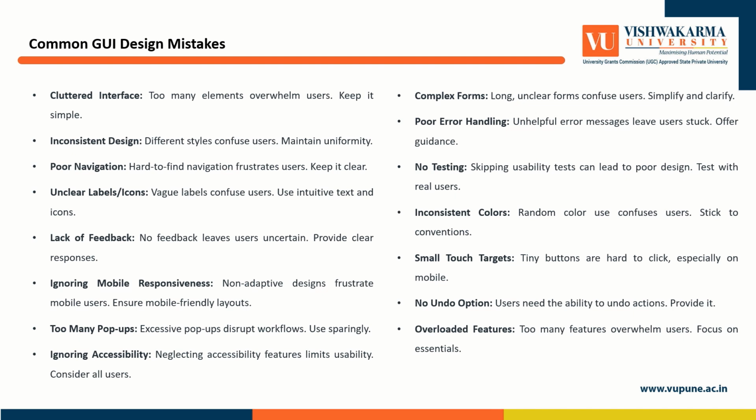Poor navigation: hard-to-find navigation frustrates users, keep it clear. Unclear labels and icons: vague labels confuse users. Use intuitive text and icons. Lack of feedback: no feedback leaves users uncertain. Provide clear responses. Ignoring mobile responsiveness: non-adaptive design frustrates mobile users. Ensure a mobile-friendly layout.